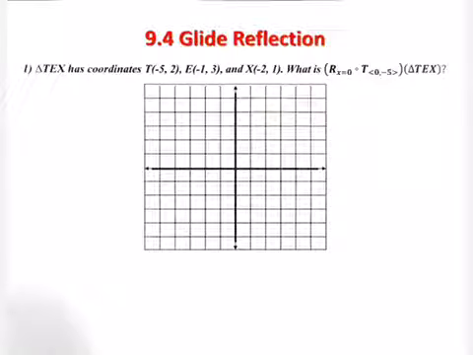So here we have a triangle TEX with coordinates of -5, 2, -1, 3, and -2, 1. So let's go ahead and plot these points first.